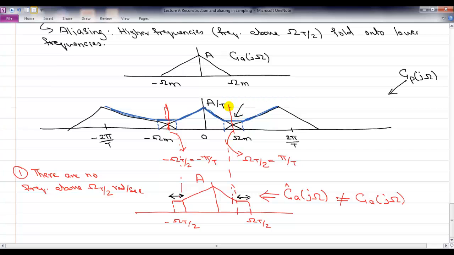So if you look at this dividing line, it appears as if whatever was going above, frequencies above pi by T, it appears as if they are folding back. It's effectively that around that edge, you are turning them back around that edge. So higher frequencies appear as low frequencies in your reconstructed signal.